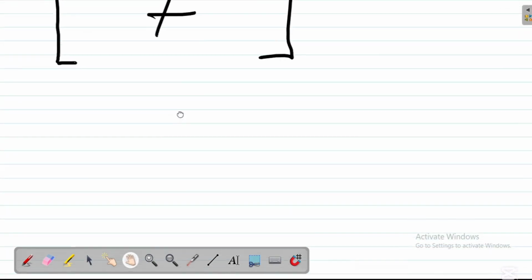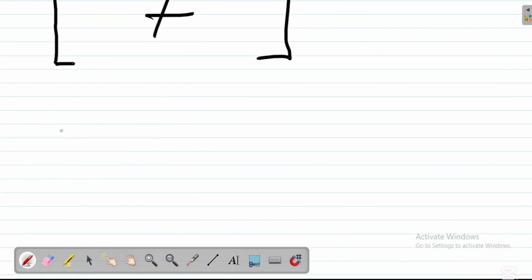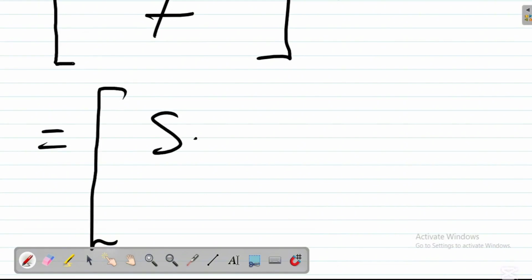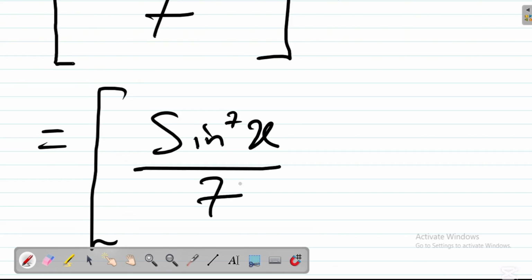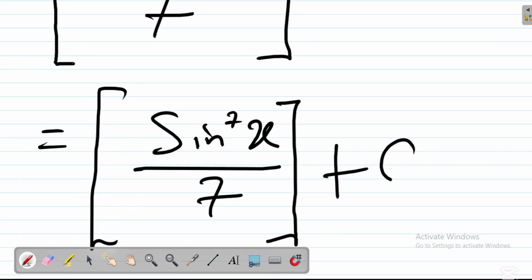This can also be written as sine^7 x all over 7 plus c. So this is our final answer.